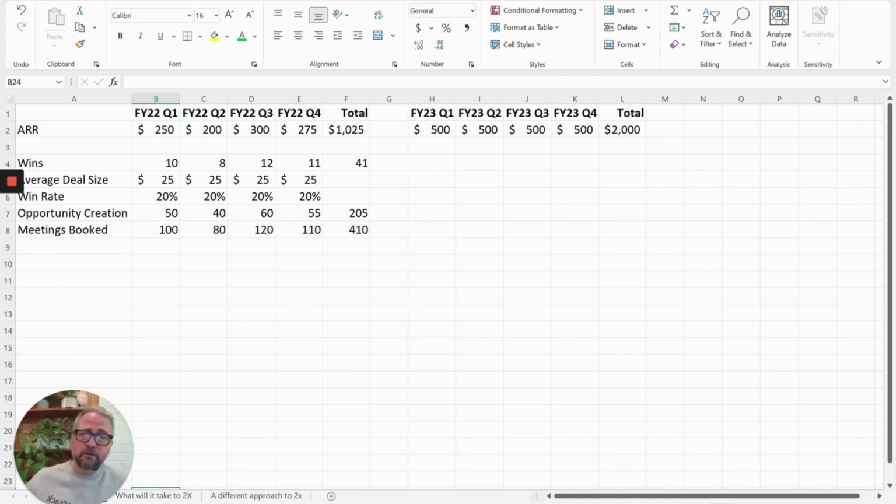First question you need to figure out is what your win rate is. When you're looking at win rate, there's a bunch of ways that this number will lie to you. A lot of it is inconsistency from rep to rep: when opportunities are created, when do you consider a loss. There's so much manipulation on spreadsheets around this number because win rate is one of those numbers everyone wants to see a good number.